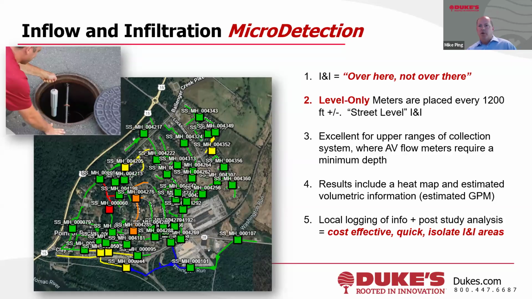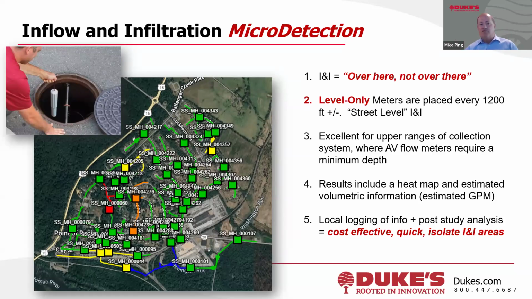But this is a clip from a project that we did in the past. Each square, regardless of the color, is where a micrometer was placed. Quite often we place these as close together as almost every 1,200 feet. We sometimes characterize that as street level I&I.